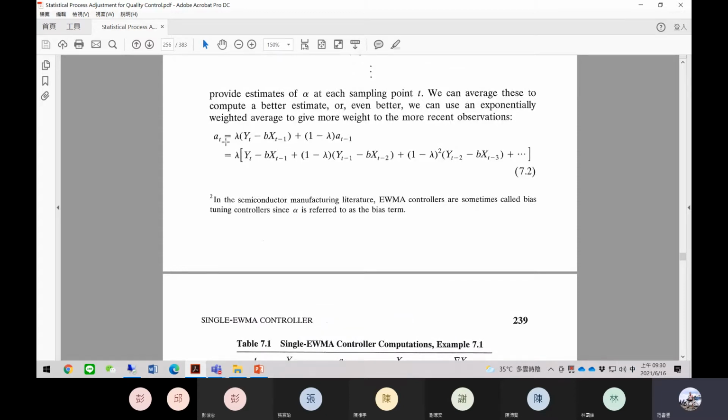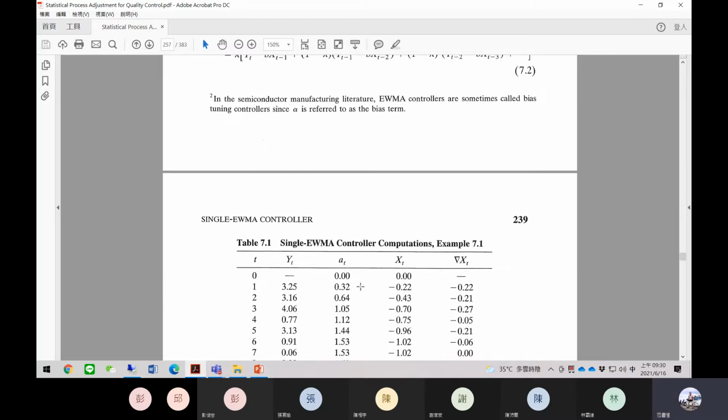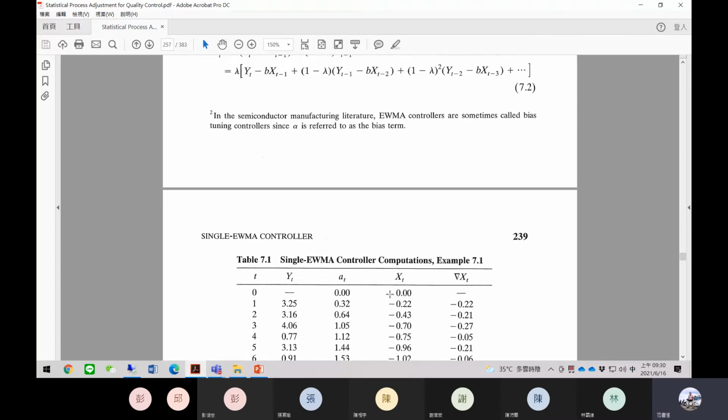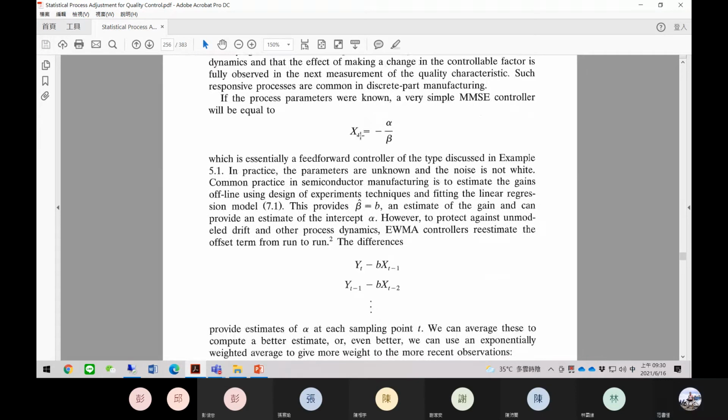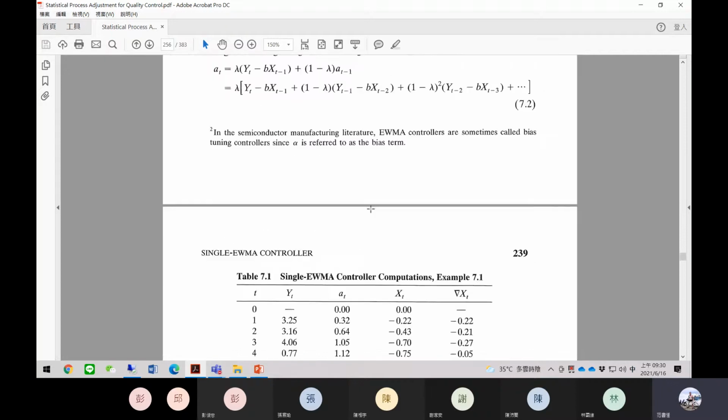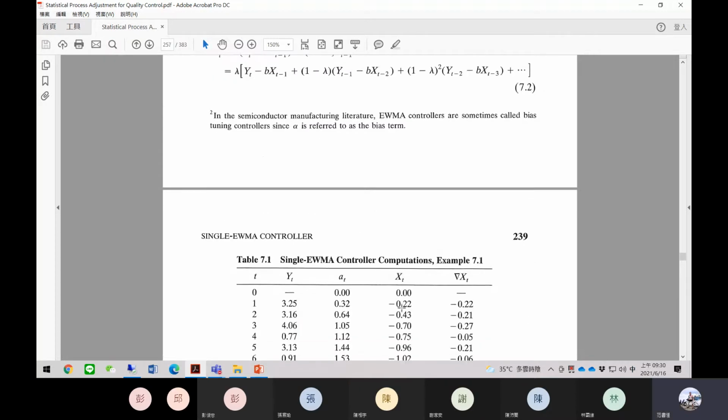So then this is At, and we can get the At. Once we have Y1 and A1, we're going to compute X1. Since we have the alpha hat and the beta, we can get this, 0.32.